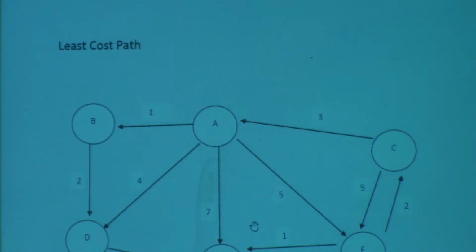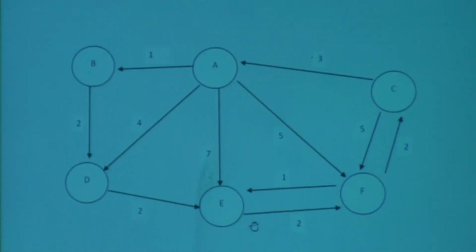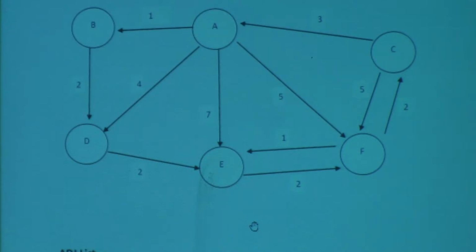We notice the in degree into node E. What's the in degree into node E? All you have to do is count all of the nodes that can go to E, which is 1, 2, and 3.